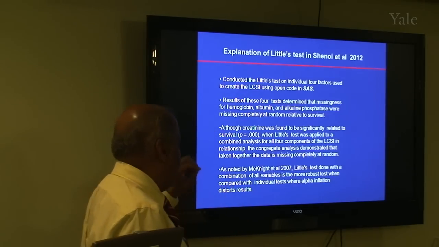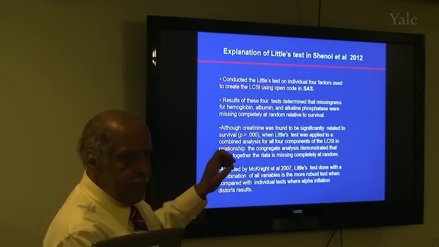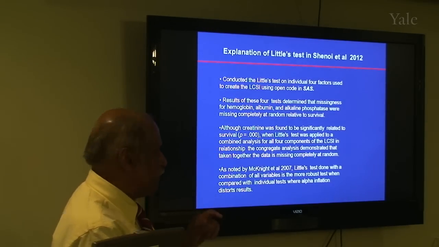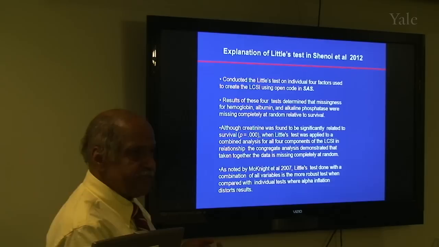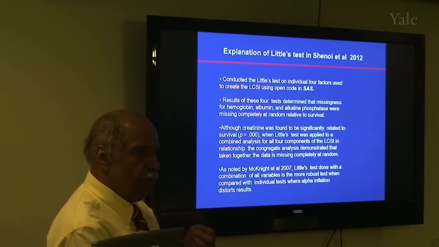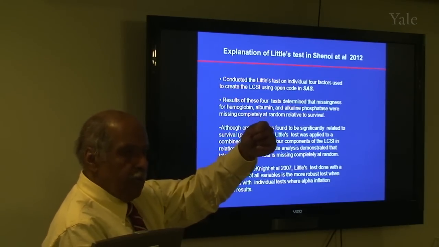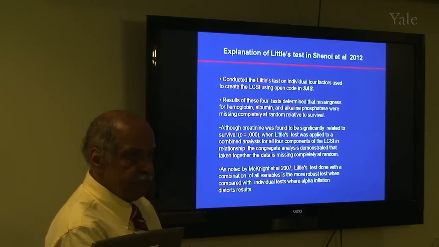However, in order to save N, I created an index, a count of those 4 laboratory values, which ones were abnormal in the wrong direction, and gave each individual a count.